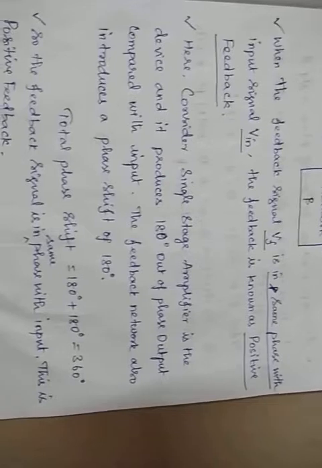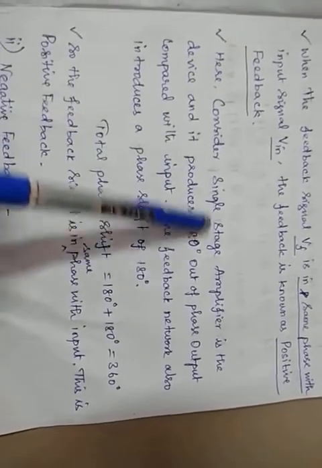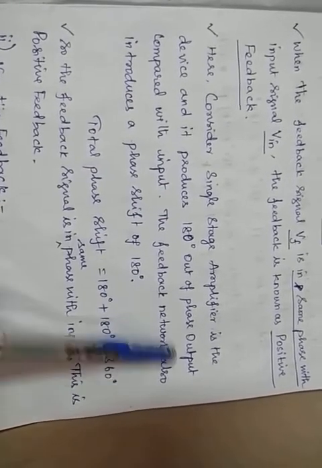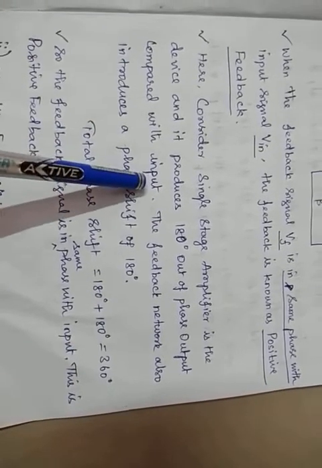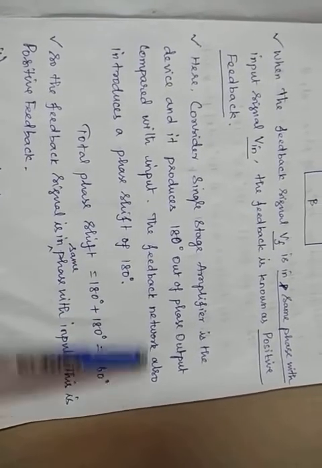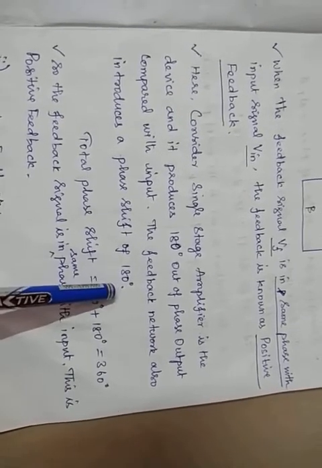Whatever I told you is what is given here. Consider a single stage amplifier as the device. It produces an output 180 degrees out of phase compared with the input. This we know already, we discussed the single stage. The feedback network also introduces a phase shift of 180 degrees.